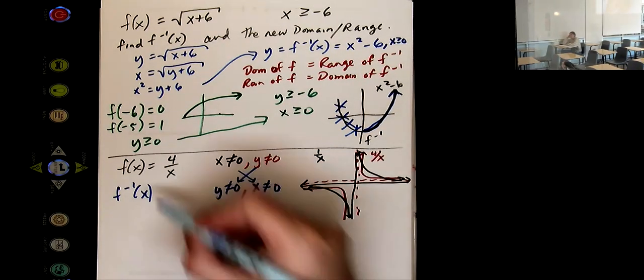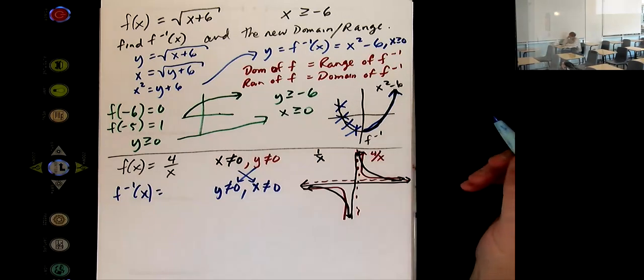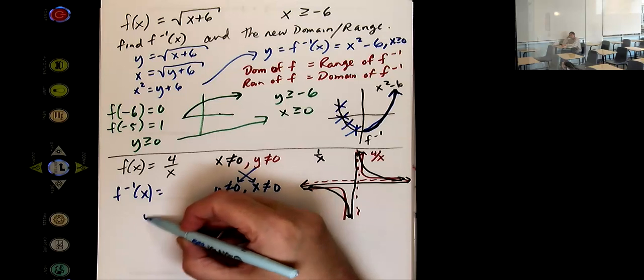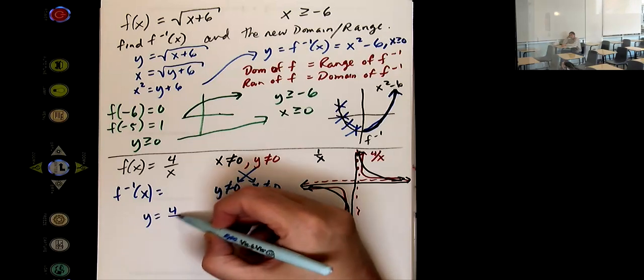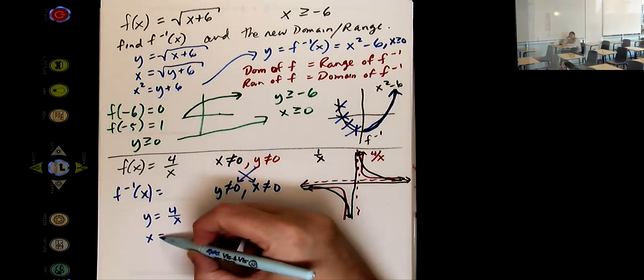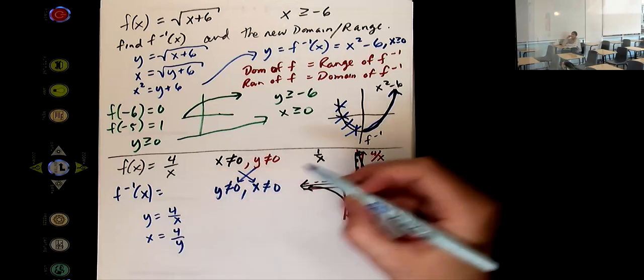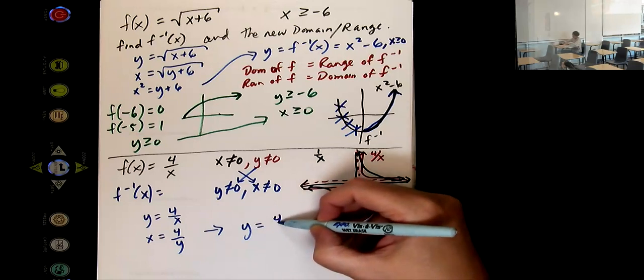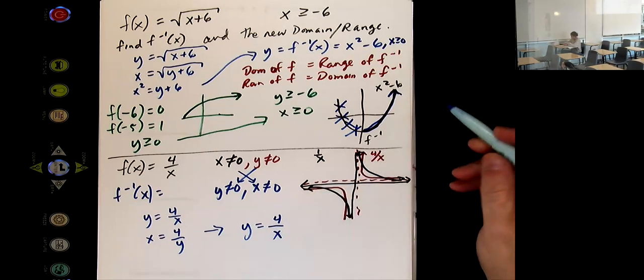What's the new function? y equals 4 over x. We swap them. We solve for y. Not 4x, but 4 over x.